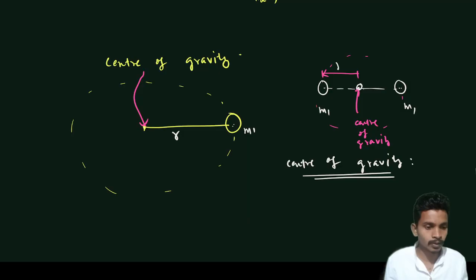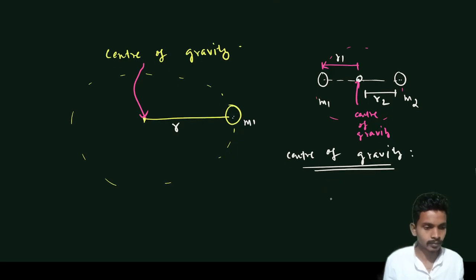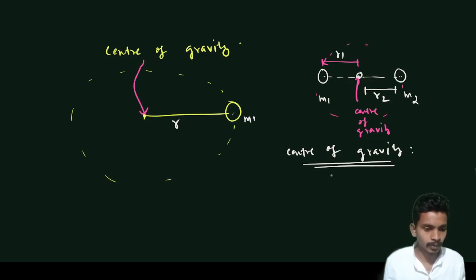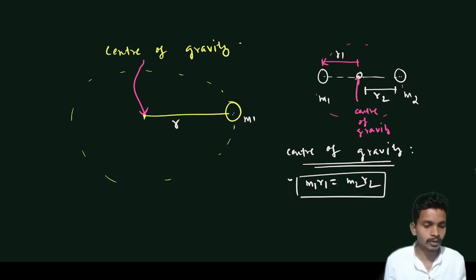Suppose this distance is r1, this is r2, and this mass is m2. Then the condition for the center of gravity is m1 into the distance r1 equals m2 into the distance r2. This is always satisfied for the center of gravity.